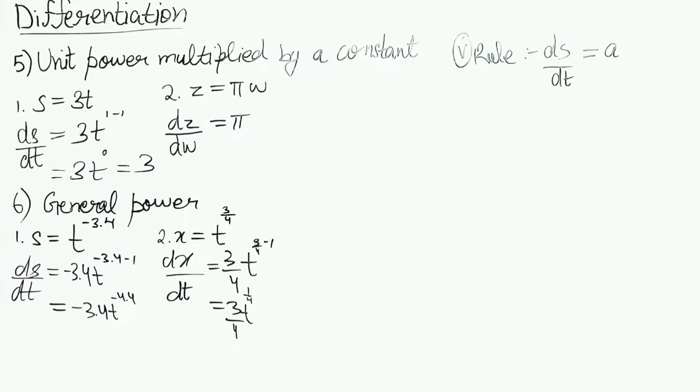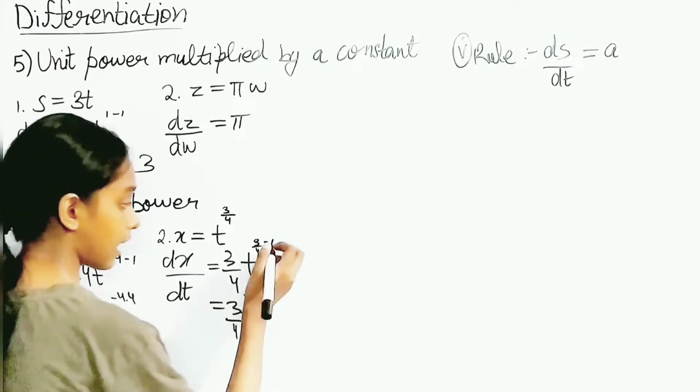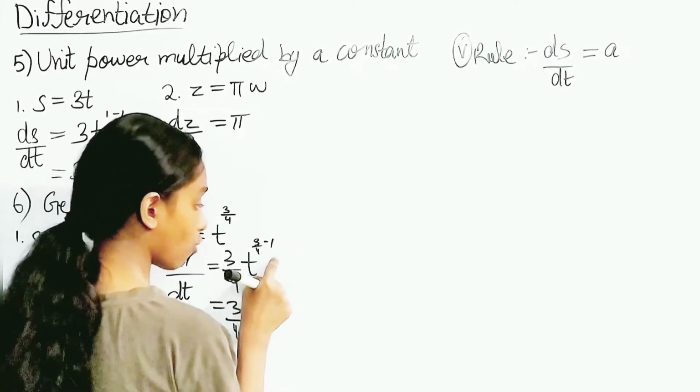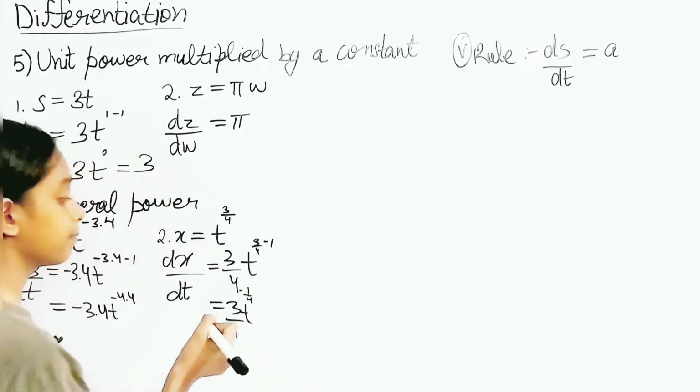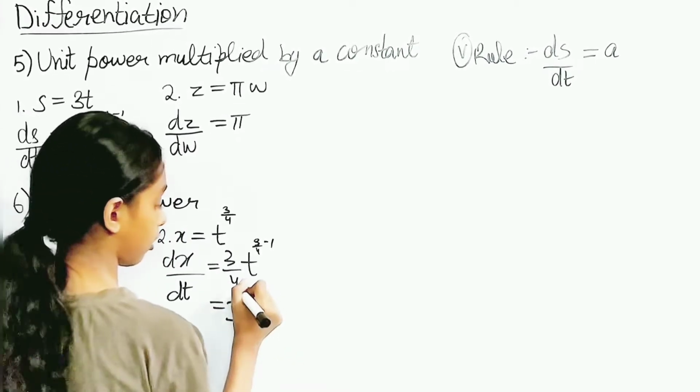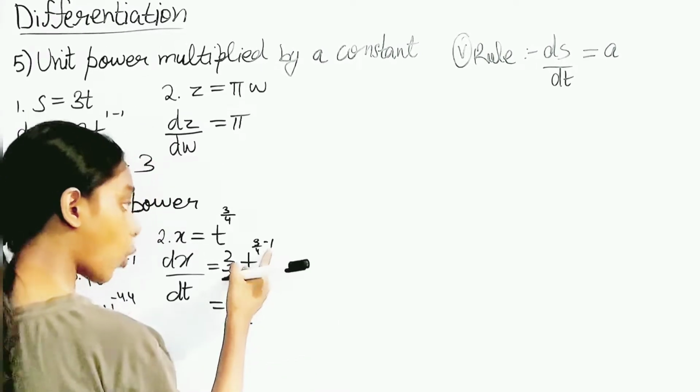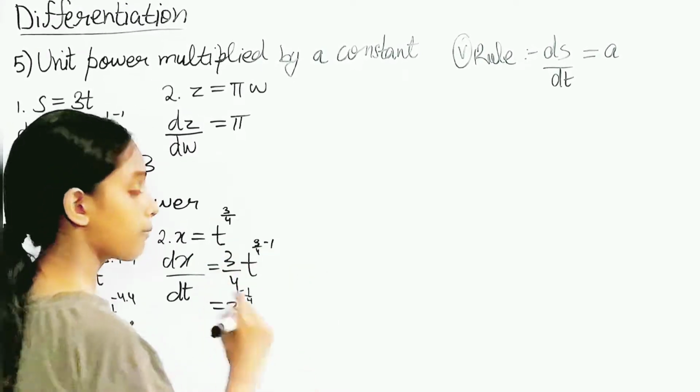This is what I'm going to get, isn't it? And one more thing, as here in the denominator it's going to be 4, here we'll put a negative sign. Don't forget this, okay? A negative sign will be here, as we have subtracted negative 4 from 3.